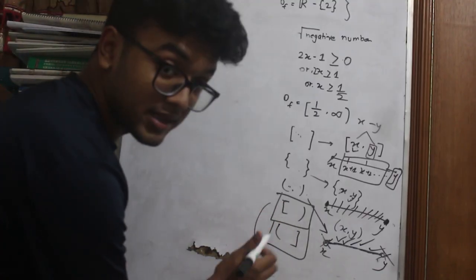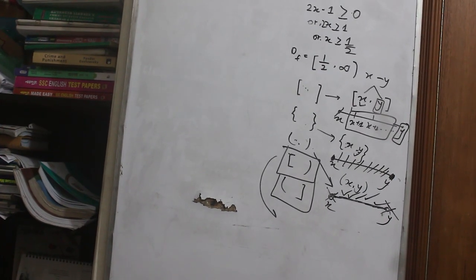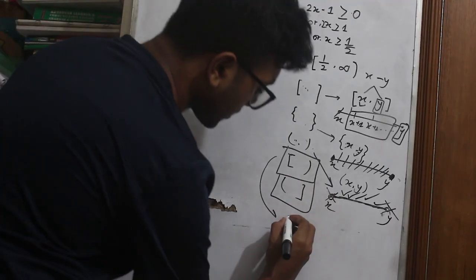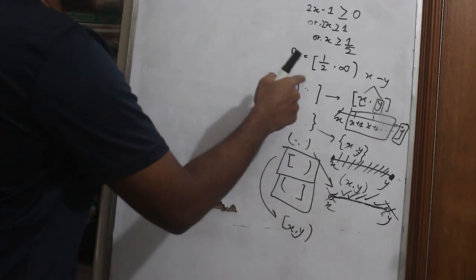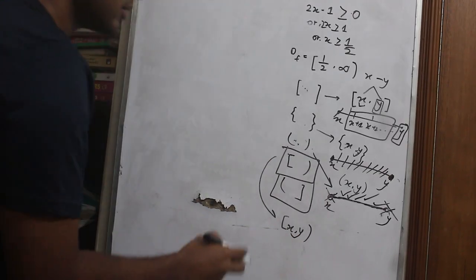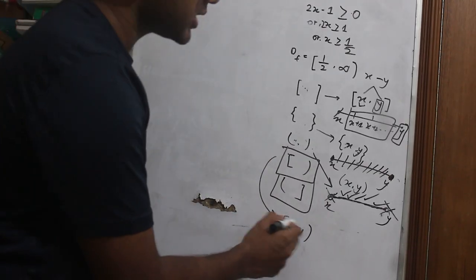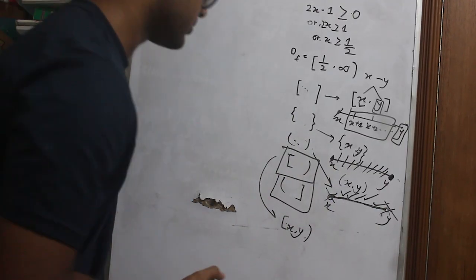Now, what are these last two values? Let me just explain this further. These last two are for any elements x and y. This is just a combination of this and this, because this one means that x is going to be included and y is going to be excluded, and all of the elements between x and y are going to be accepted.